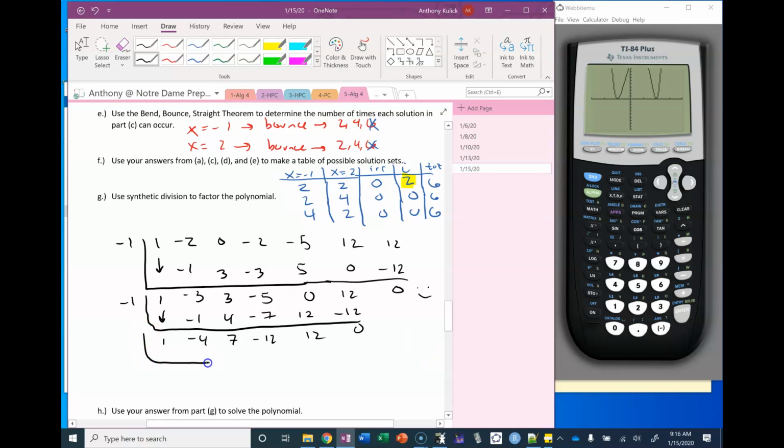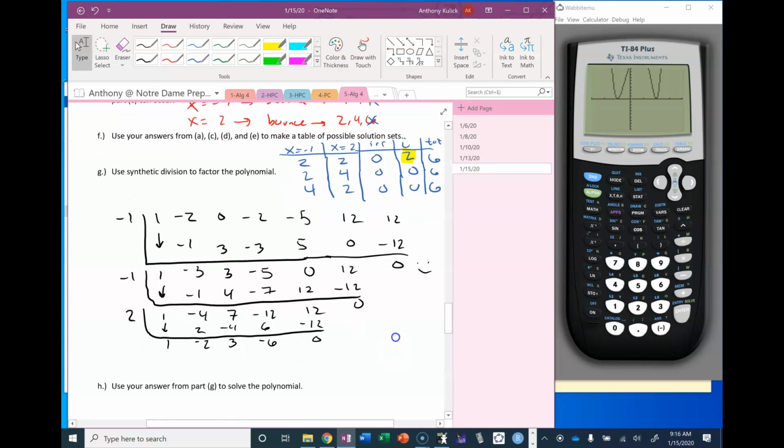Now, it's possible -1 works again, but I don't know it's going to, so I'm going to switch to 2, because I know 2 is going to work twice. Worked again. At this point, you could try factoring by grouping. If I look at that, that will work, grouping, but let's just do one more synthetic division, because I know 2 is going to work another time.